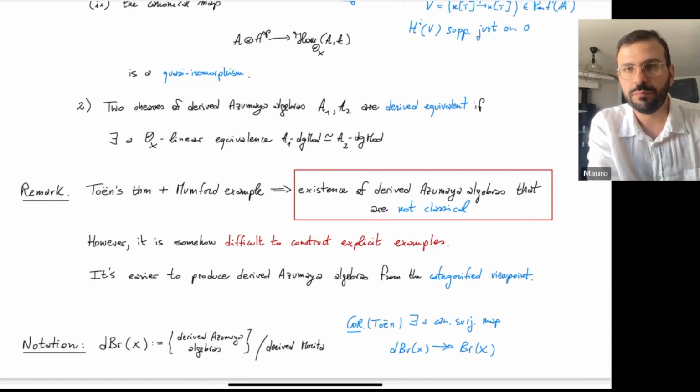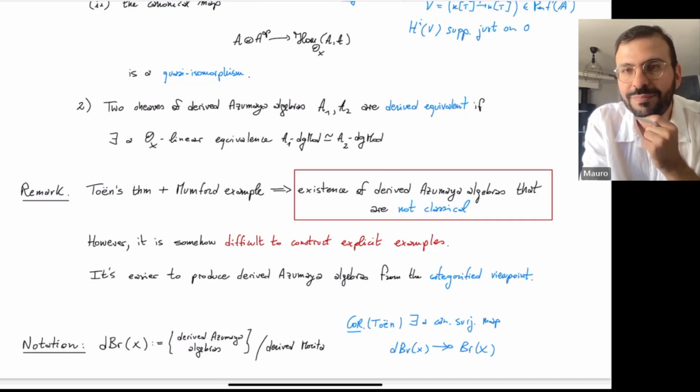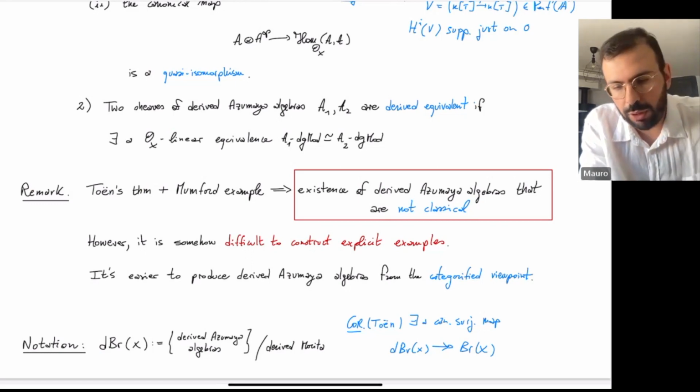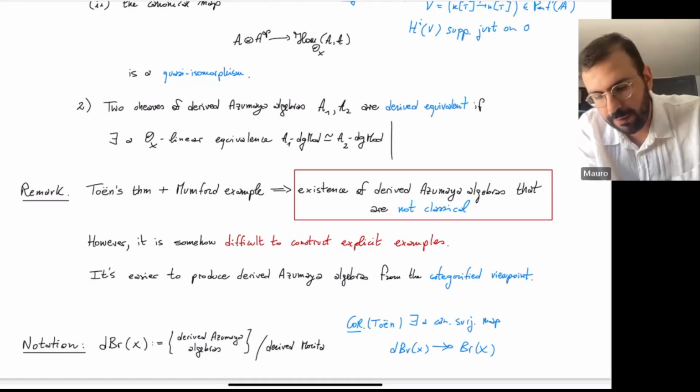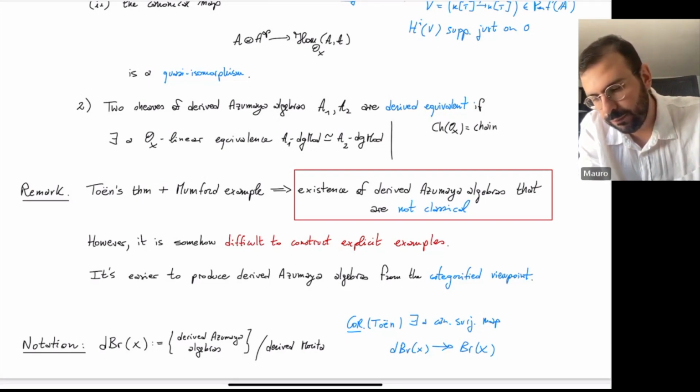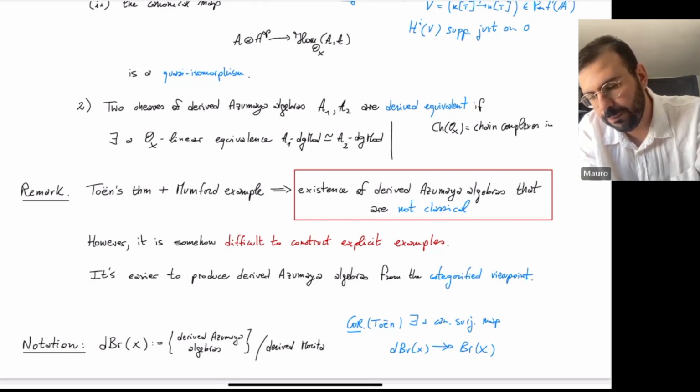Yeah, maybe this is really basic, but what are the DG modules? So just think, if I write like this, chain complexes of O_X. So these are chain complexes in O_X modules, or in quasi-coherent, let's say.